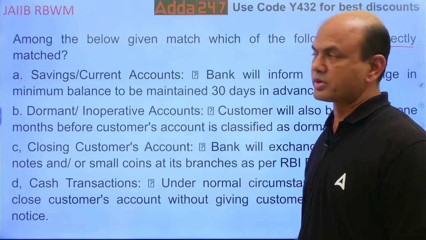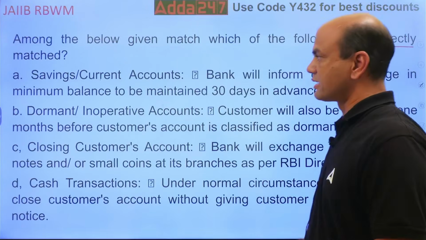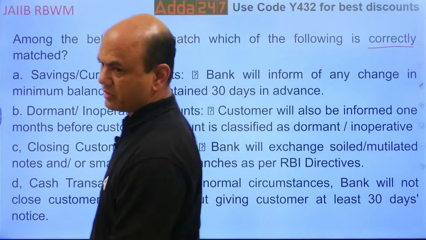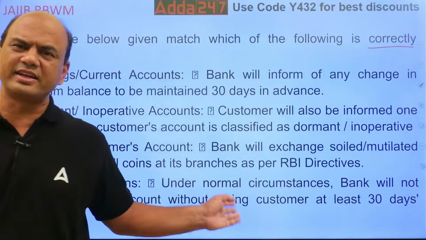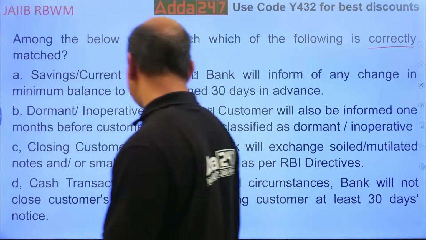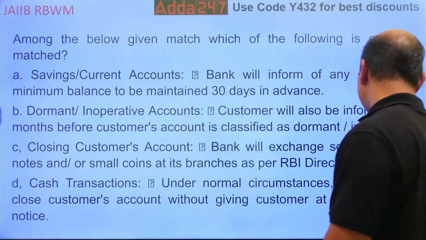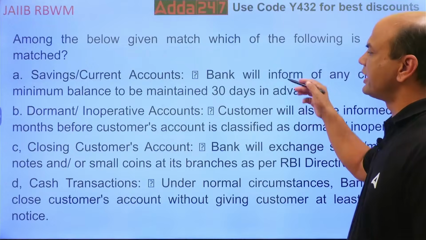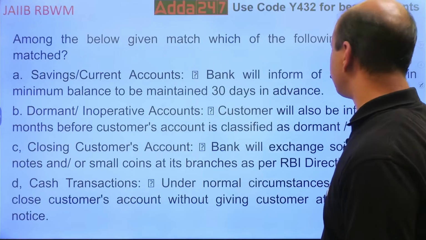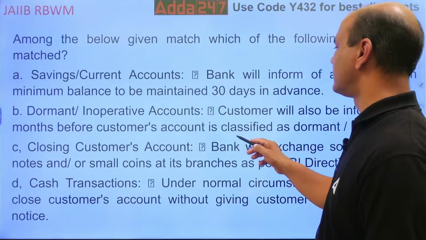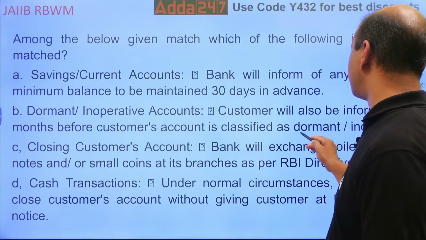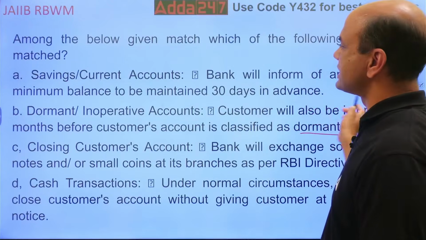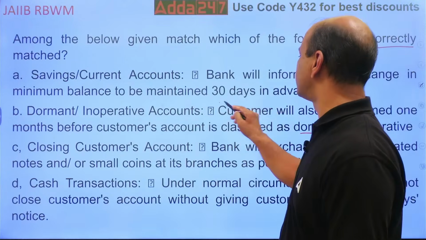So which one is true over here? You want correctly matched. Think over it, which is correctly matched. See, obviously C and D are out. C and D are not correctly matched. So this is false. You have to think between A and B only. Customer will be informed 1 month before the customer's account is classified as dormant. And bank will inform any change in the minimum balance 30 days in advance.